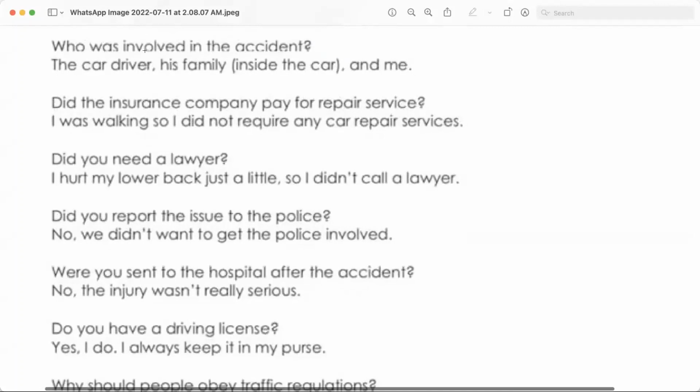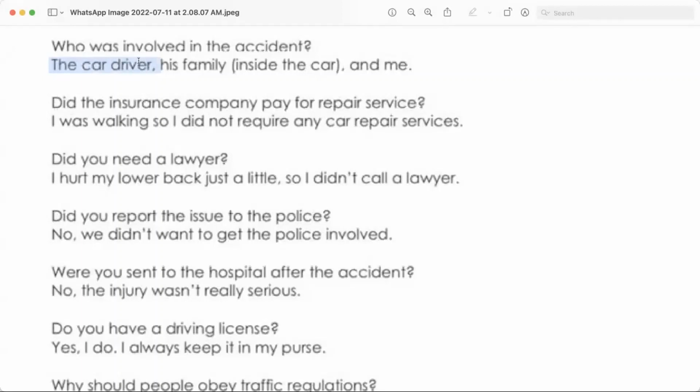Who was involved in the accident? A car driver, his family inside the car, and me. Okay. Can you see the comma punctuation? So they're giving you a list. When you read it, take a little pause.